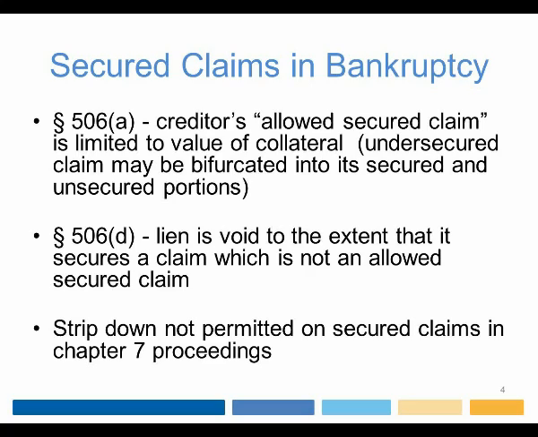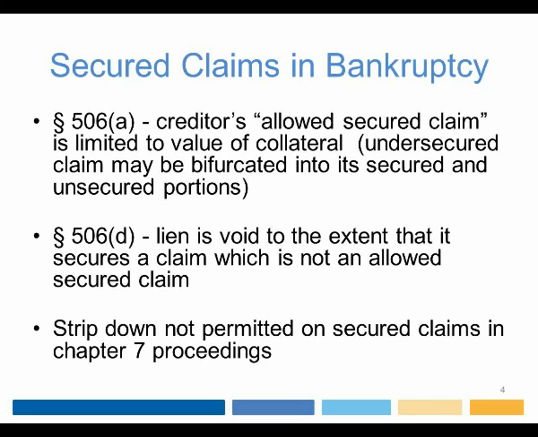But 506(d), another section within 506, also says that to the extent that the amount of the creditor's claim is not an allowed secured claim, it's voided. And so you might think, well, in Chapter 7, that's great. I could file a Chapter 7 if the house is worth only $50,000 and I owe $75,000, and I can just void that $25,000, that unsecured part of it.